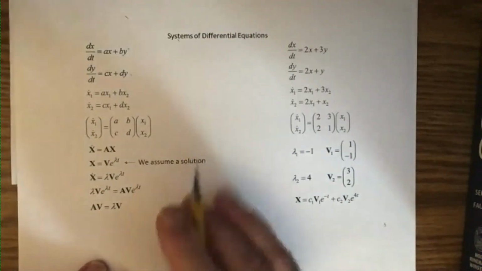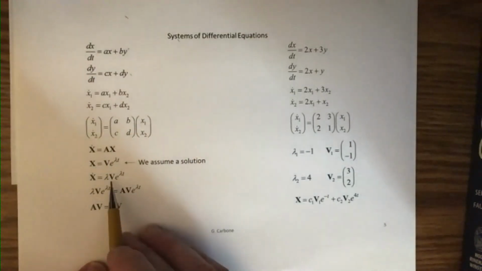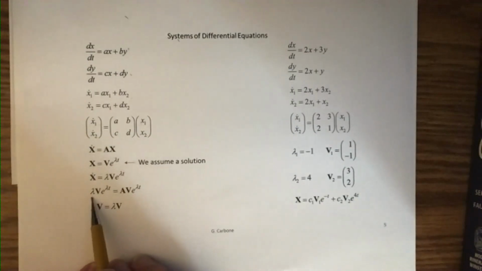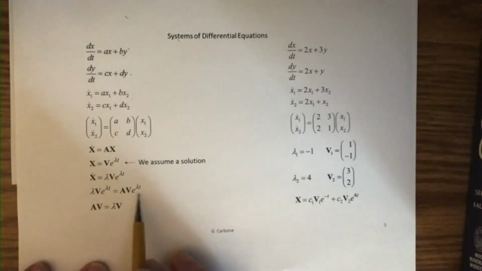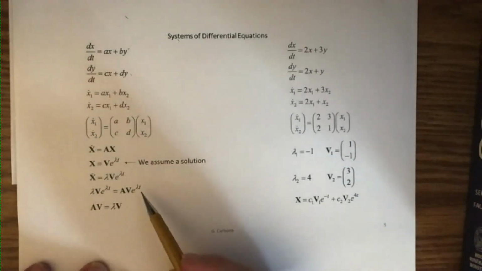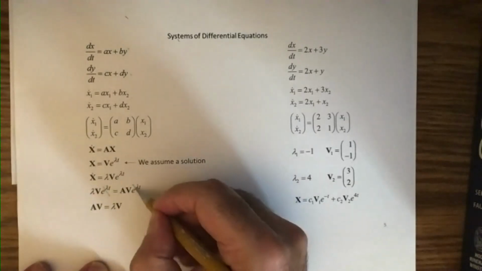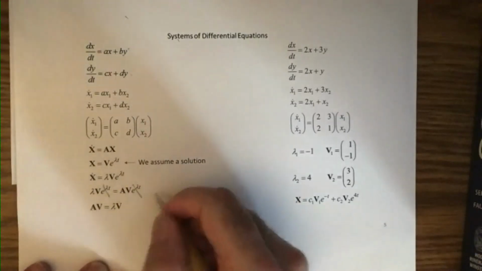So I take the derivative of this, and the x dot is equal to this. So I now end up with this. I hope you see that. What happens is that these things cancel out, and so I wrote it differently.